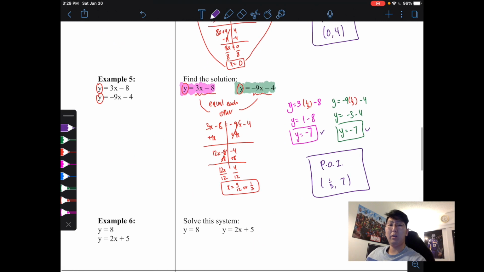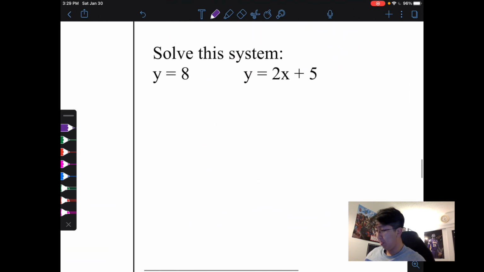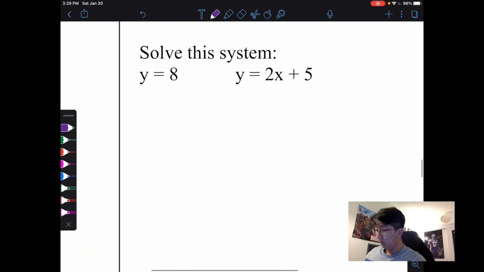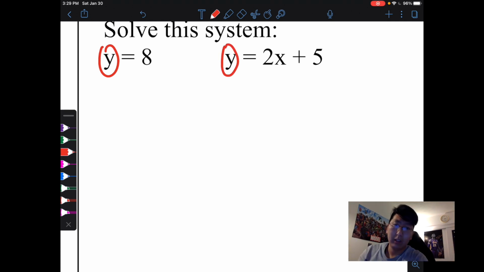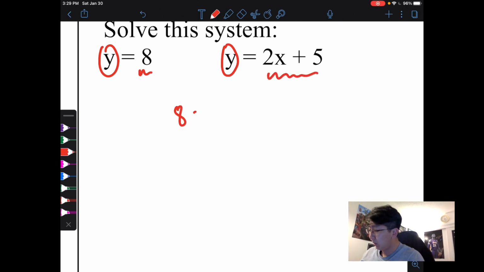All right, last one. Solve the system: y equals 8, y equals 2x plus 5. My voice is kind of going out, sorry if I sound very boring. But here, y and y are the same, so we're going to make these two equal each other. 8 equals 2x plus 5.